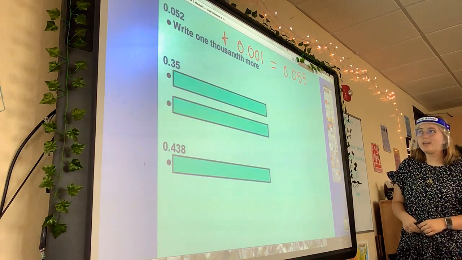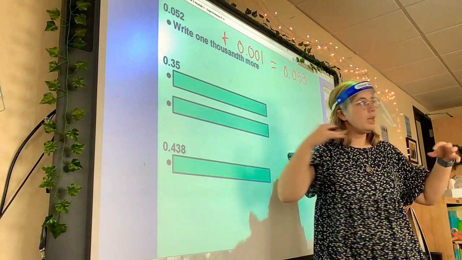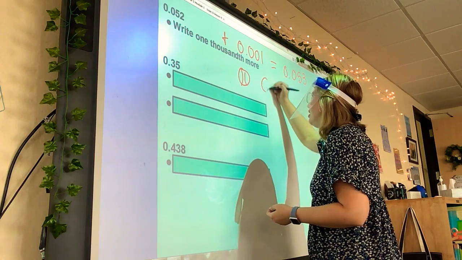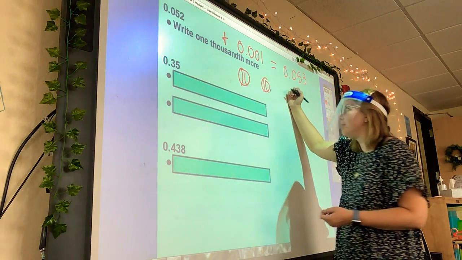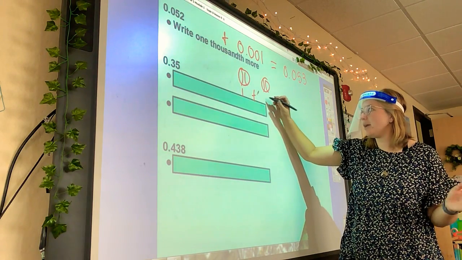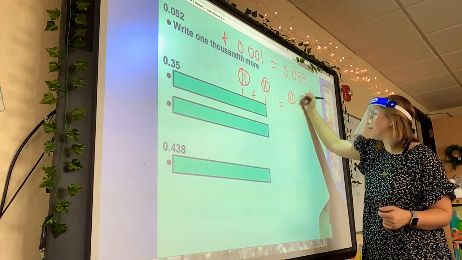While you're finishing writing that, I want you to put also underneath those two examples the tennis ball analogy, okay? So 1 tennis ball plus 1 tennis ball equals 2 tennis balls.